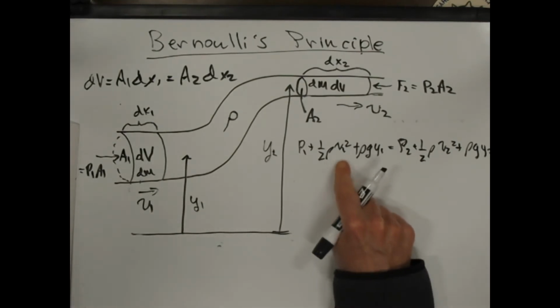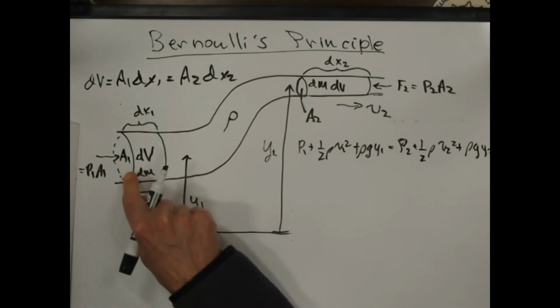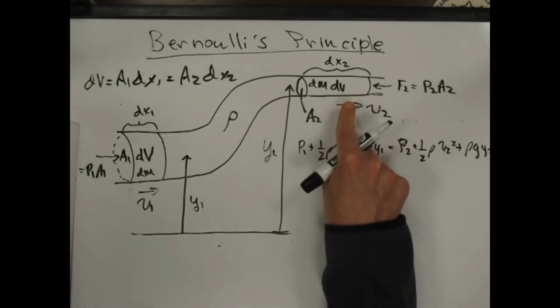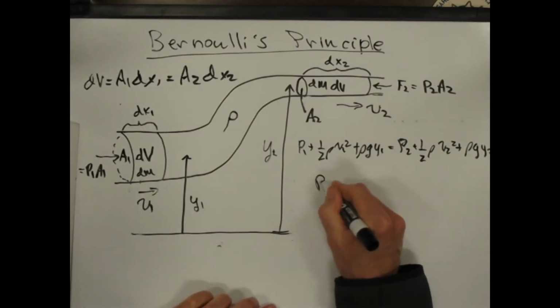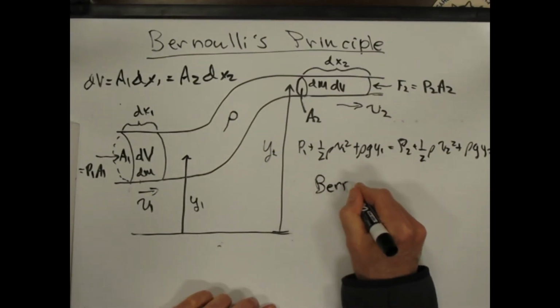And so this is all the information about these points, and this is all the information about those points. And what this is saying is Bernoulli's principle.